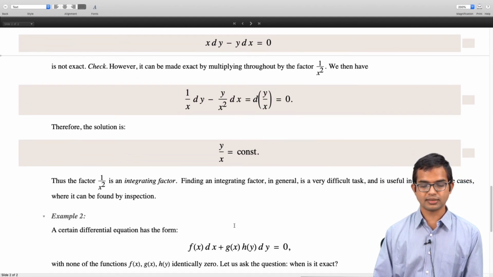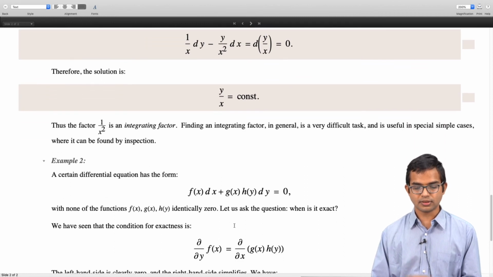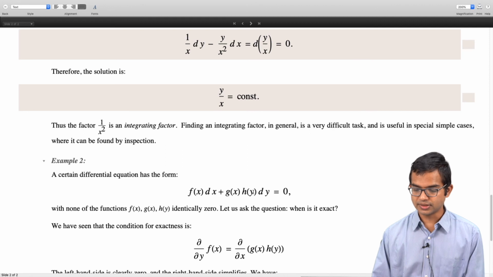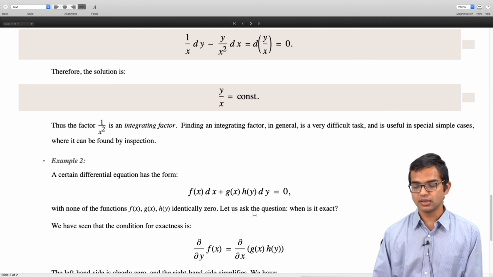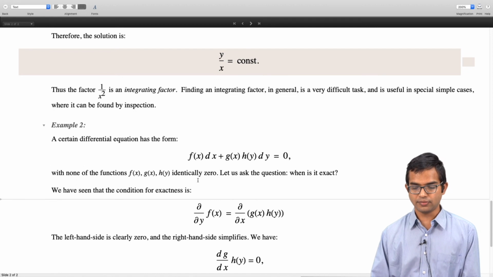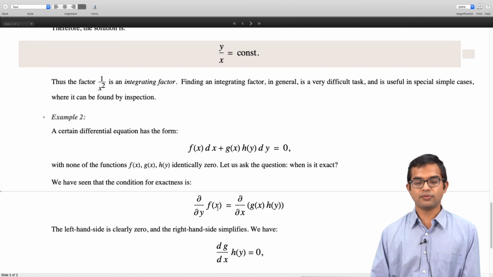So let's look at another example. Suppose you are given a differential equation of the form f of x dx plus g of x h of y dy equal to 0, with none of these functions identically 0. When is this differential equation going to be exact? The condition is that ∂f/∂y must be equal to ∂/∂x of g times h. But f is purely a function of x, so the left hand side will vanish.